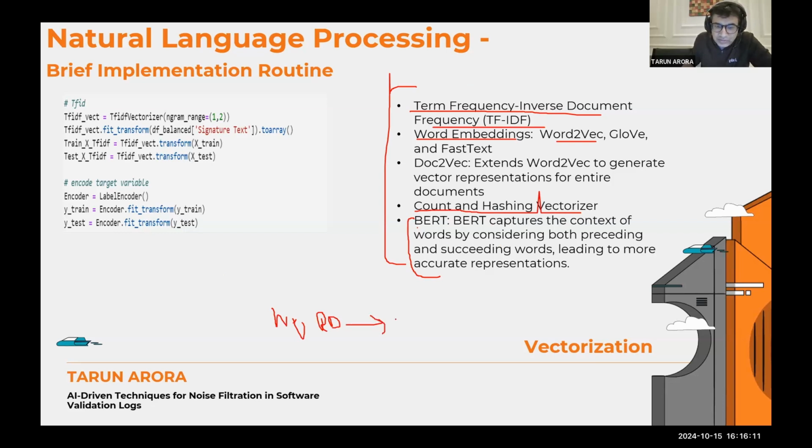Let's say that number is 1.5. This 1.5 is coming out of whichever of these techniques is applied. All of these techniques have their own pros and cons, but just to give context, whenever you are done with the cleaning of the NLP data, you convert the textual data into numerical data so that it can be fed into a machine learning model. That's why vectorization is an important technique.